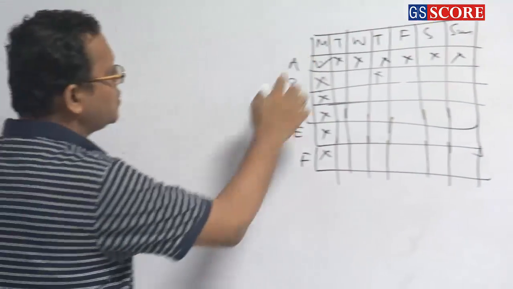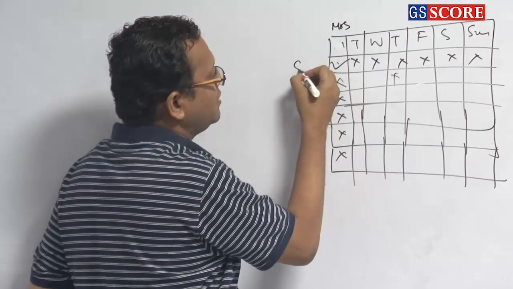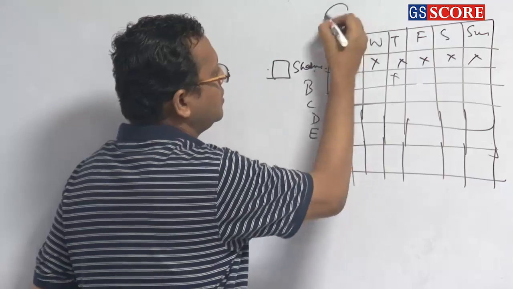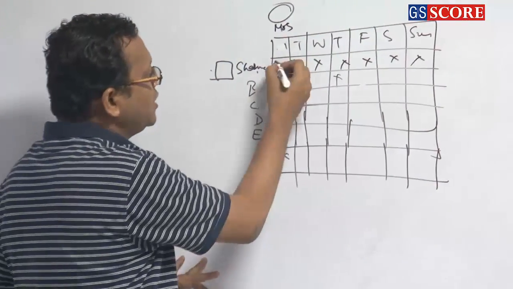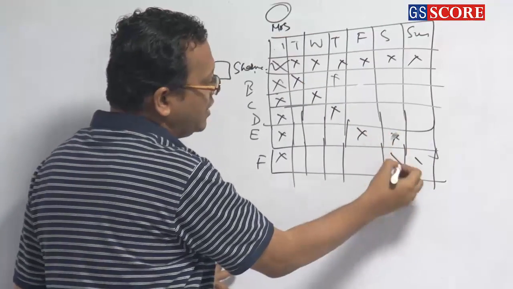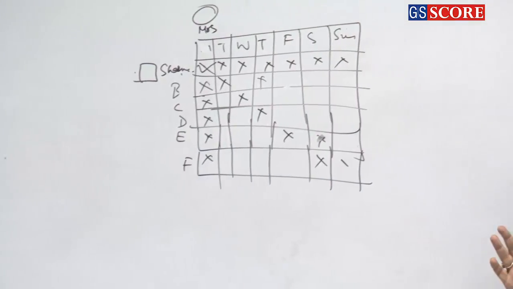So if Mr. Sharma and Mrs. Sharma are there, they are not dancing together, and likewise Gupta and Gupta. So this you can straight away cancel out. You can use the tick cross method of solving questions.